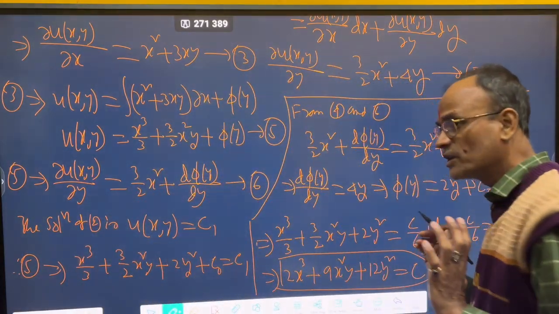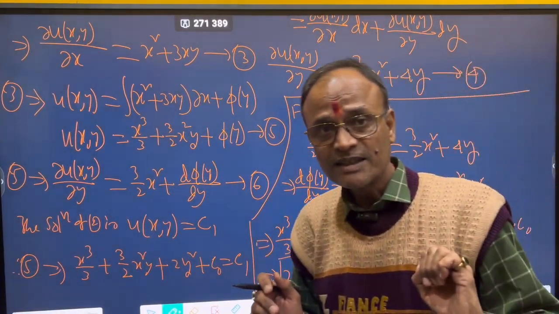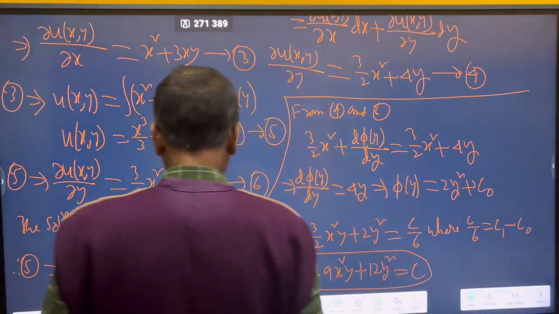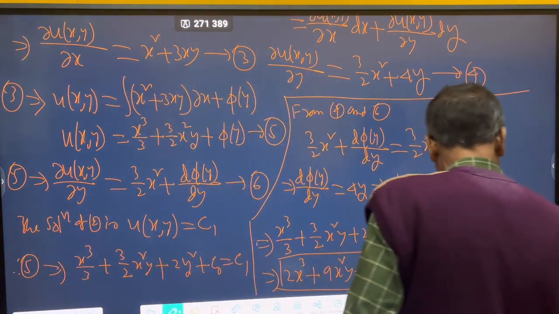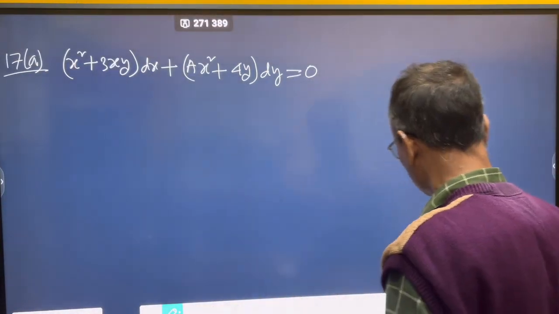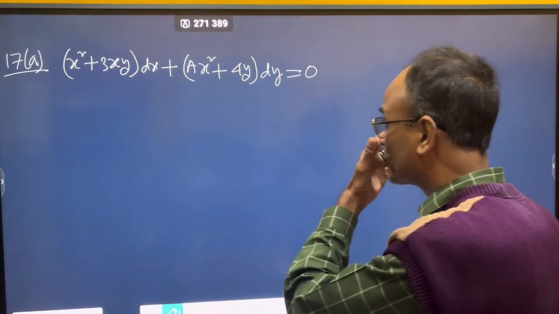We have solved this equation by method 1. Let us try to solve this equation by method 2. We got A equal to 3 by 2.